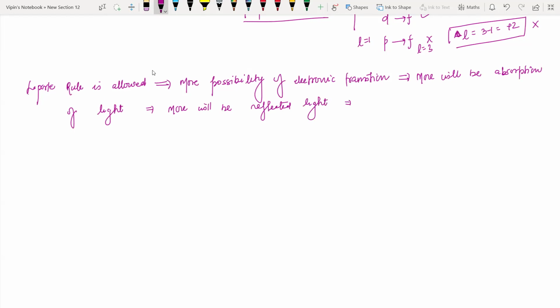This leads to more intensity of color. Intensity means darkness. If the Laporte rule is forbidden, there is lesser possibility of electronic transition, lesser will be the amount of reflected light, lesser will be the intensity of color. That means weak color, light color.